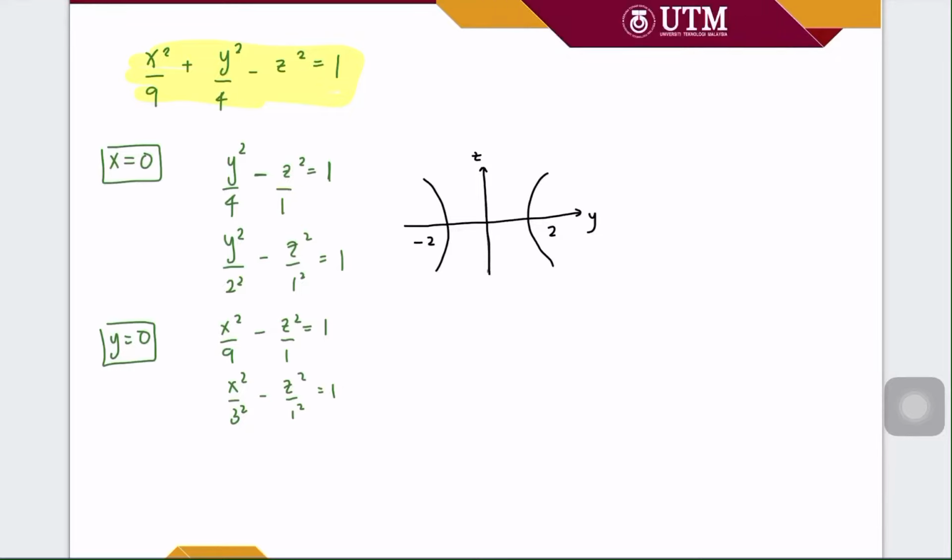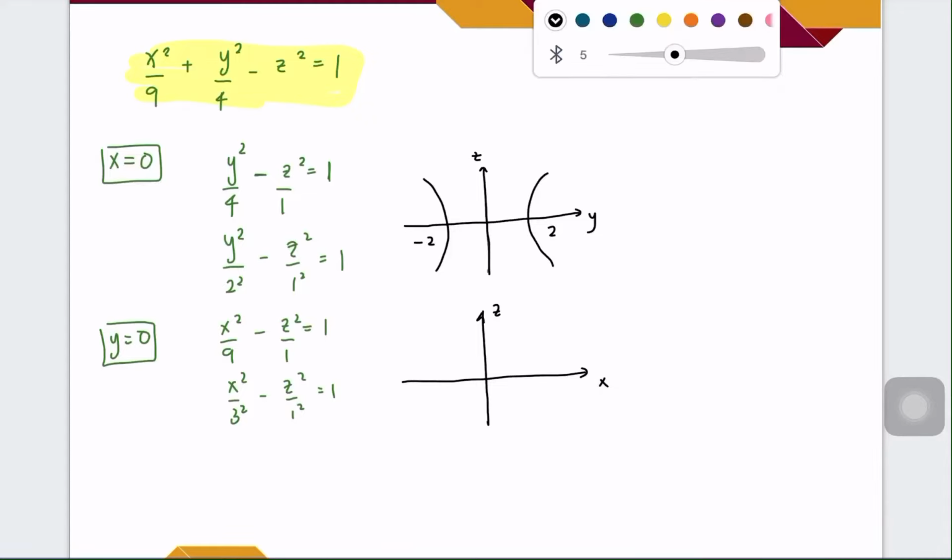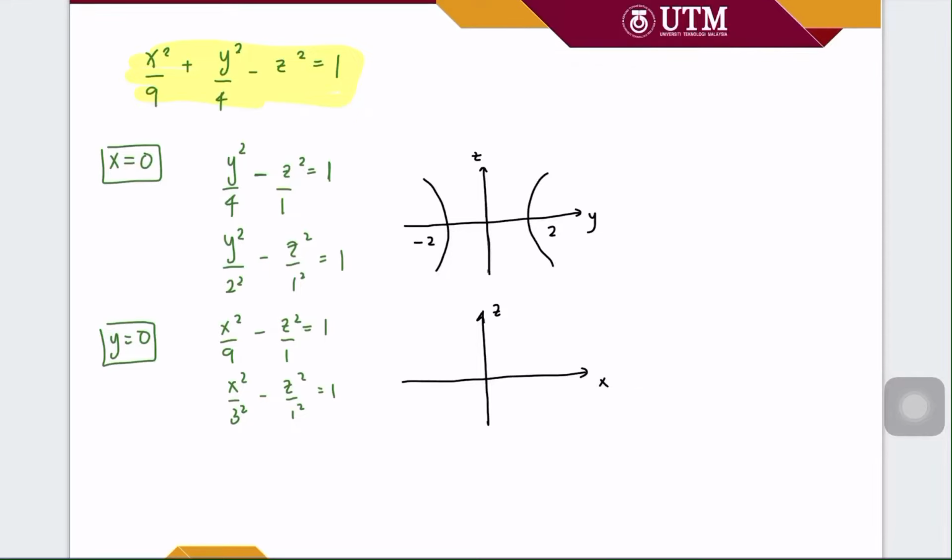So the graph will be like this: here is x, here is z. The negative value is still at z, so it doesn't touch z. Since x squared over 3 squared, the length from the center is 3.